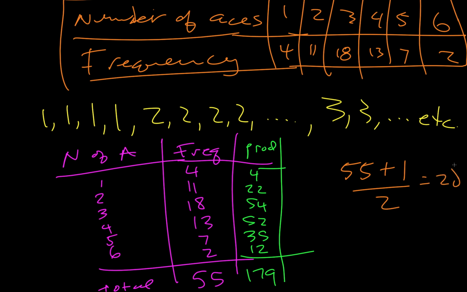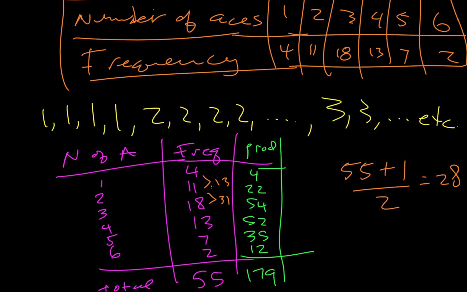So that's going to be 28. So we want to count 28 into this. So we're going to say 4 plus 11, that'd be 15, so we're still not there. 15 plus 18 is going to be 33.